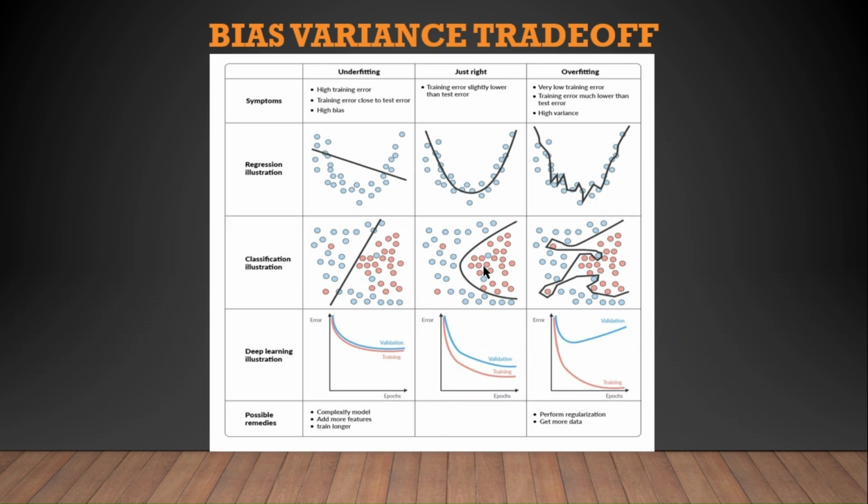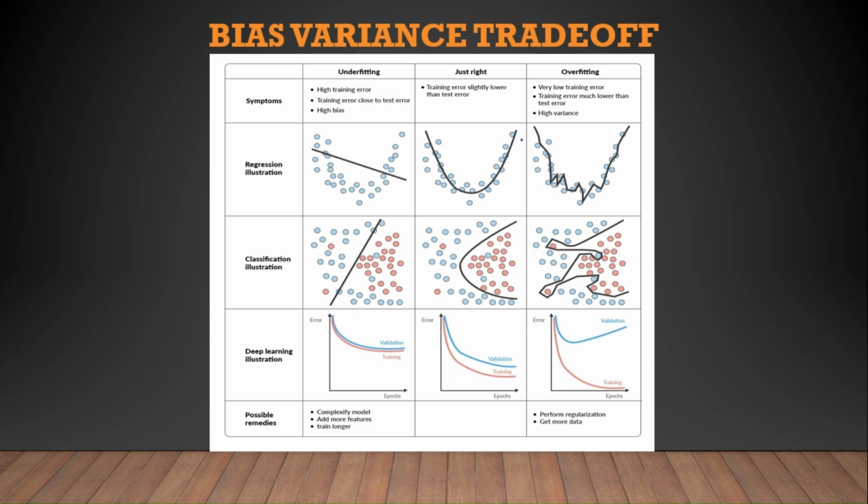This is a regression illustration: underfitting, high training error close to the test error, high bias. Here you can see my model is here but the data is there, so it does not fit all the data. Here the model sits in between the data, so it can predict new data easily.